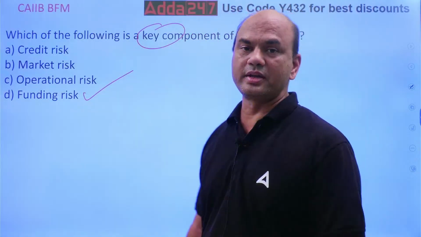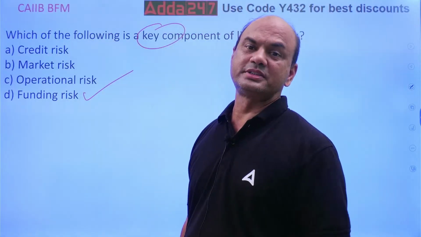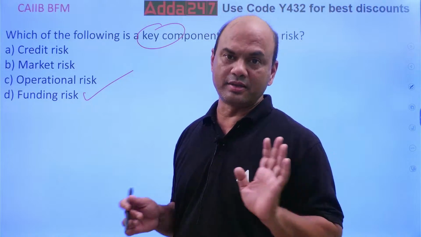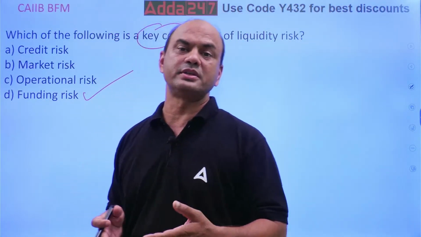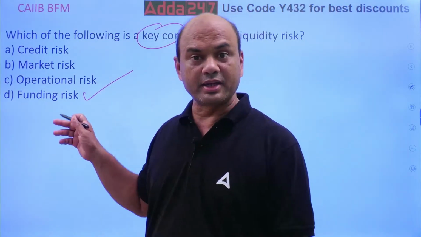Why? Because see this, what is liquidity? I must get the right money at the right time, so that I can pay whoever are the depositors, whatever are the liabilities. So that is part of funding risk.